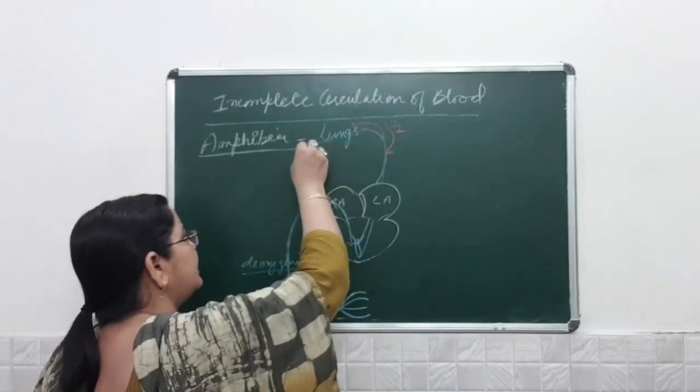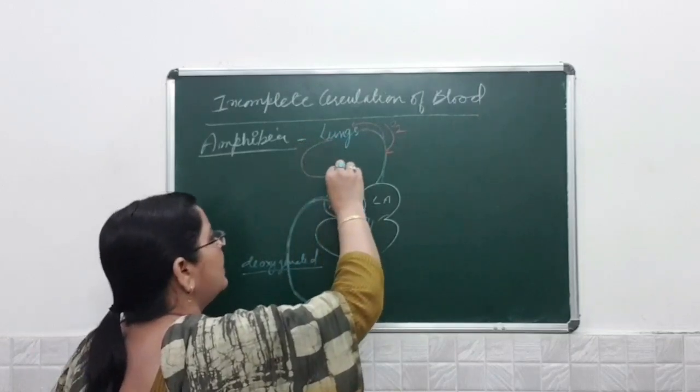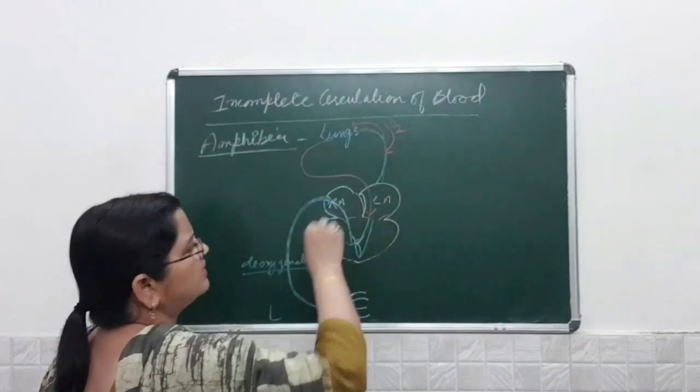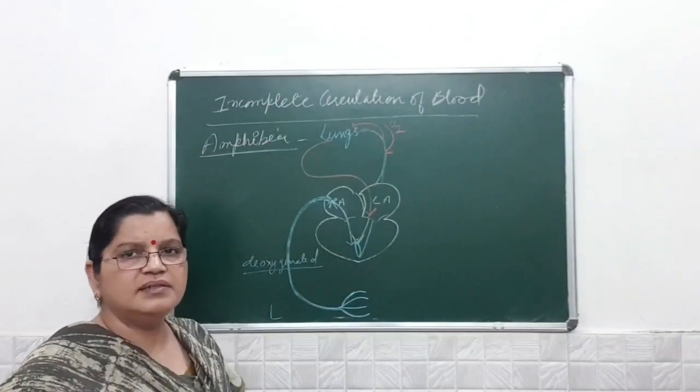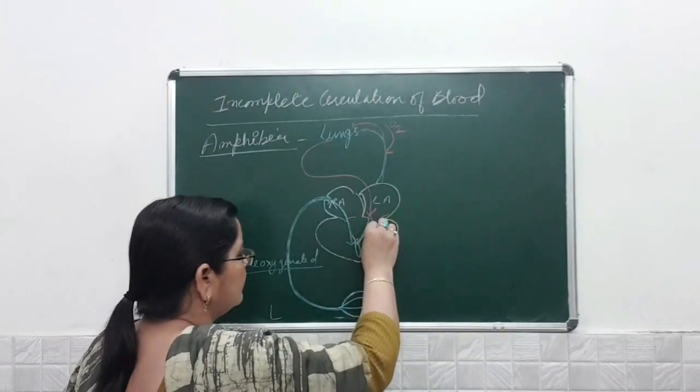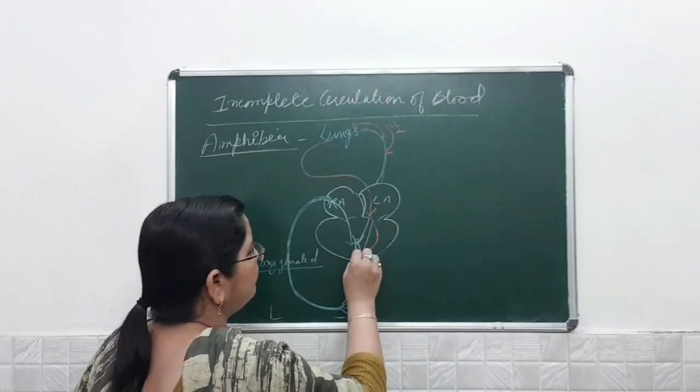This oxygenated blood is again pumped into the heart, and from left auricle it moves into the ventricle.